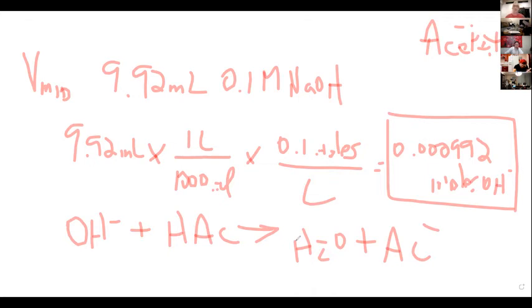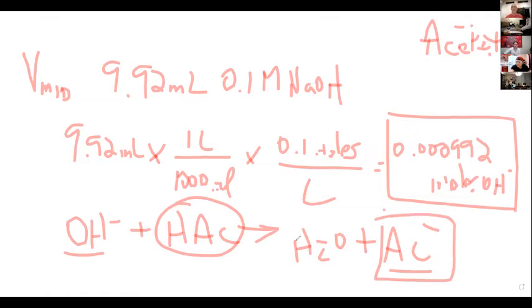It peels off the proton from acetic acid and makes water, leaving us acetate. So the amount of acetate should equal the amount of hydroxide added, as long as both are less than the amount of acetic acid. Once the acetic acid runs out, we've converted all of it. But until that happens, my amount of base added should be the same as the amount of acetate ion.